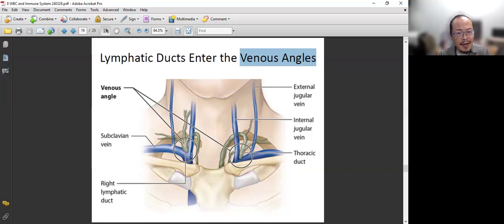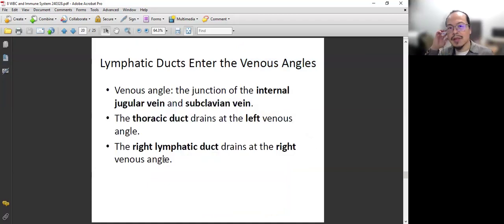We have left and right, so you have two venous angles. So the venous angle is the junction of the internal jugular vein and the subclavian vein. These two form the angle, and the lymphatic duct will enter into the vein at that angle. We have left and right.